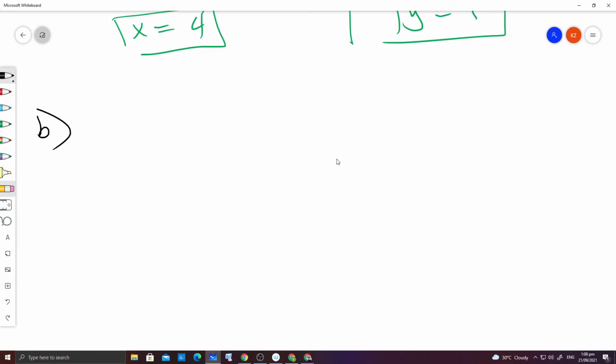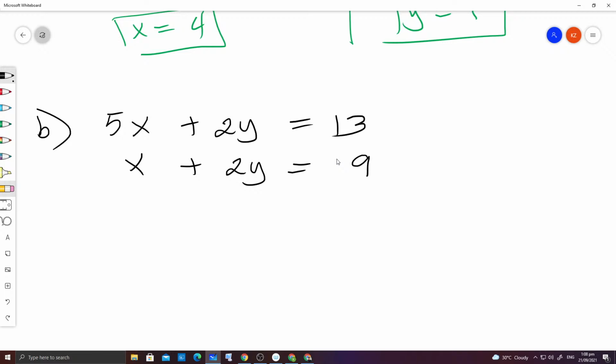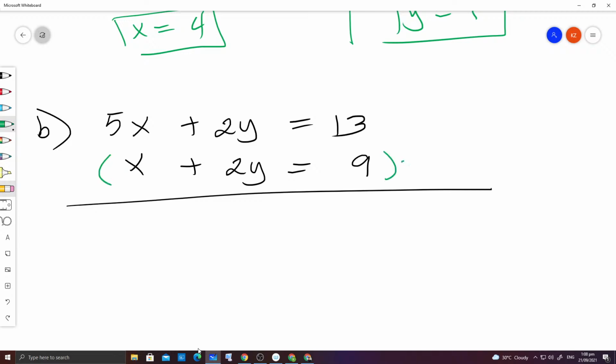Next, letter B. So we have 5x plus 2y equals 13 and x plus 2y equals 9. So again, multiply both sides by negative 1.